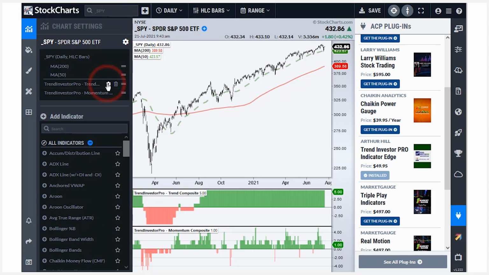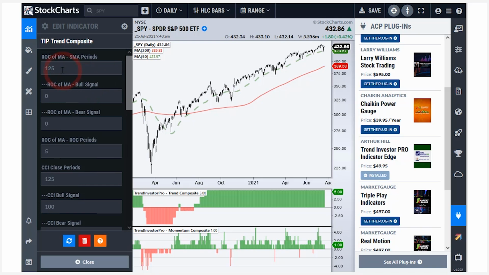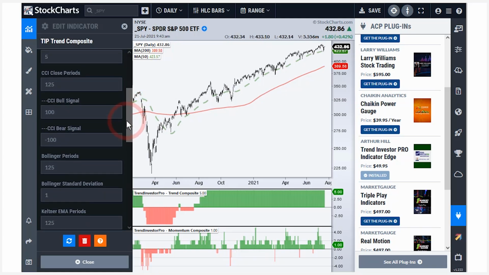And I'm going to click on the settings in the Trend Composite, and you can see the indicators that I'm using. I'm using the rate of change of the 125-day SMA. That means when it turns up or down. I'm also using the Commodity Channel Index, 125 periods. That's about 6 months. When it goes above 100, it's bullish. Below minus 100, it's bearish.